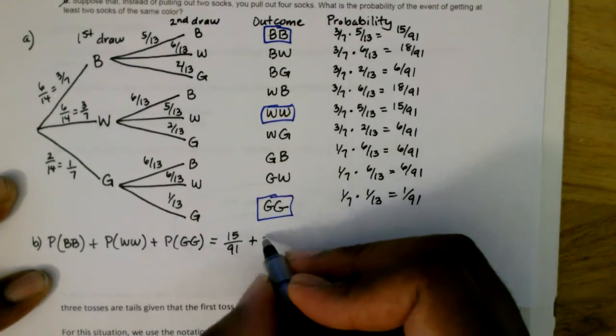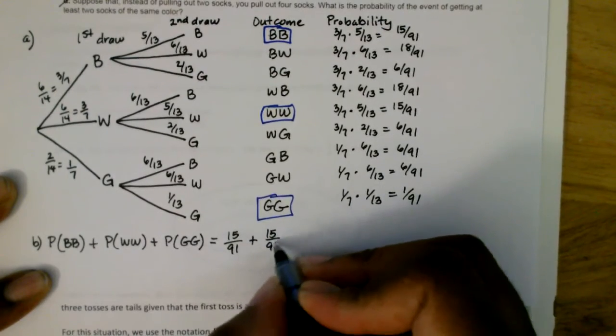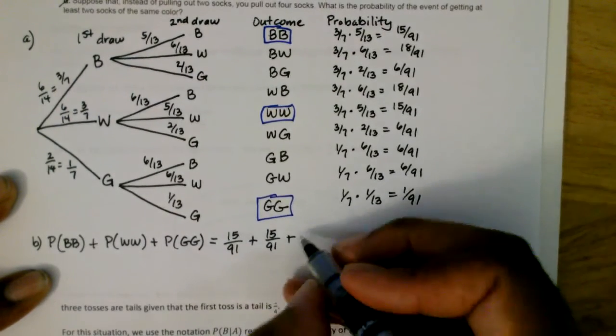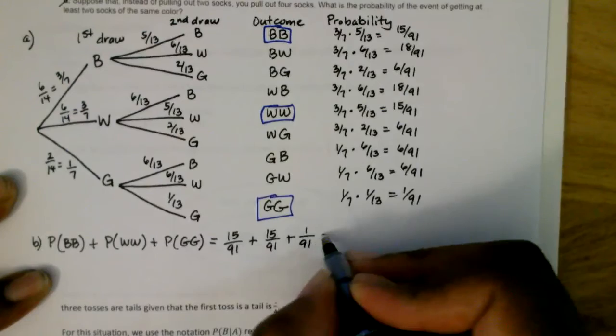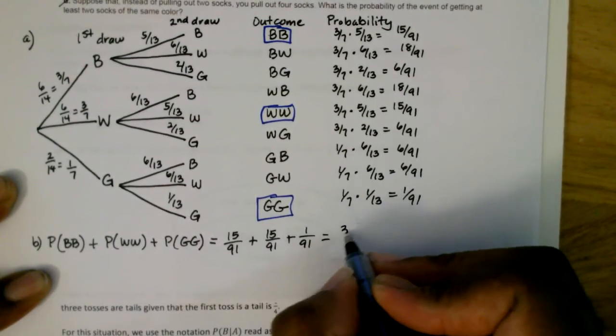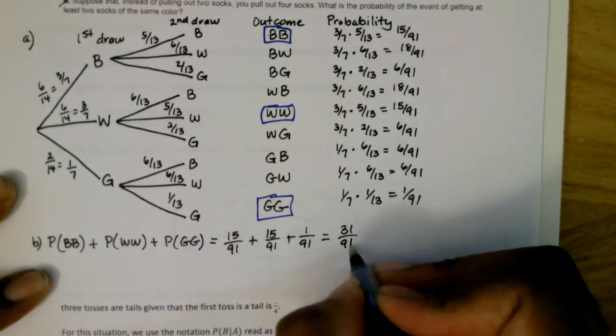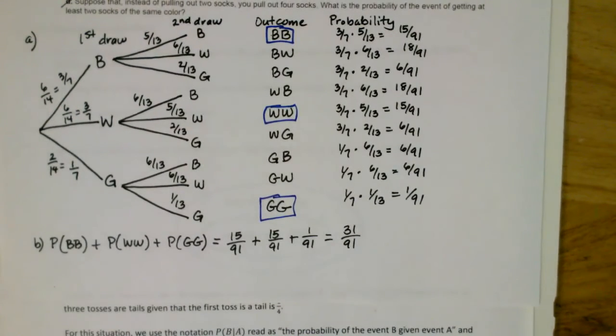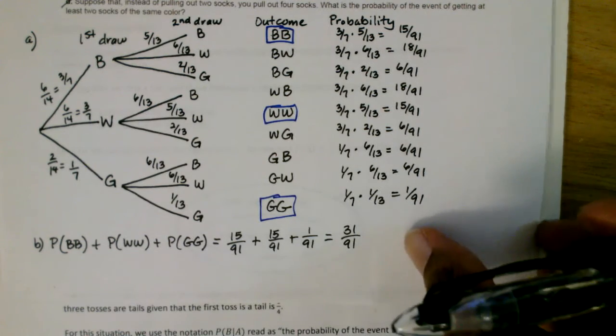For a white and a white, that probability was also 15 over 91. For gray and gray, that probability was 1 over 91. Let's see, 15 plus 15 is 30 plus 1 is 31 over 91. That would be the probability of getting 2 socks of the same color.